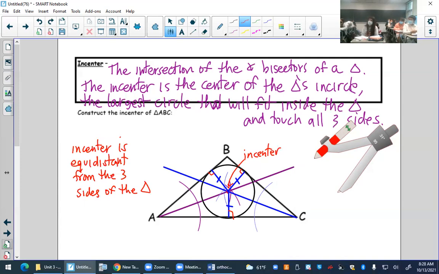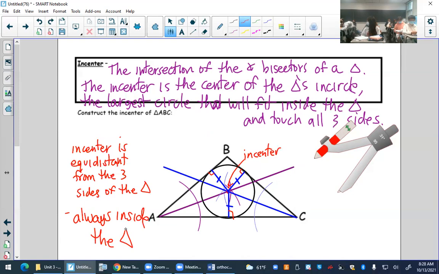So the incenter is always inside the triangle. So far, the centroid was always inside. The orthocenter could be outside, inside, or on, and the incenter is in. Look at that, it's in the name. Incenter, in.